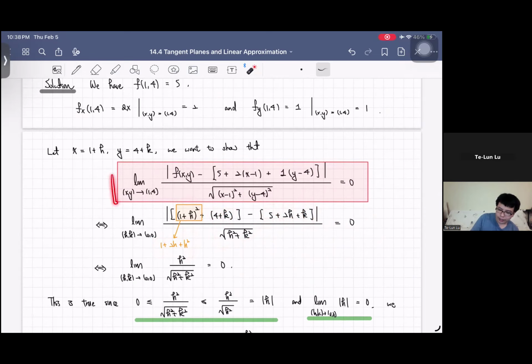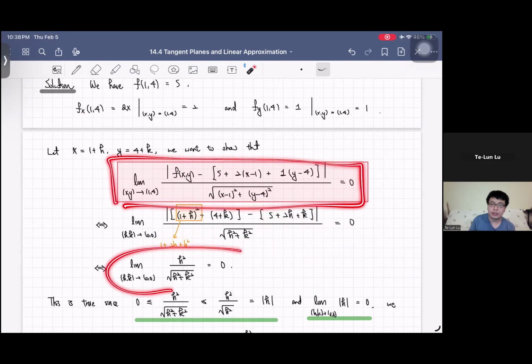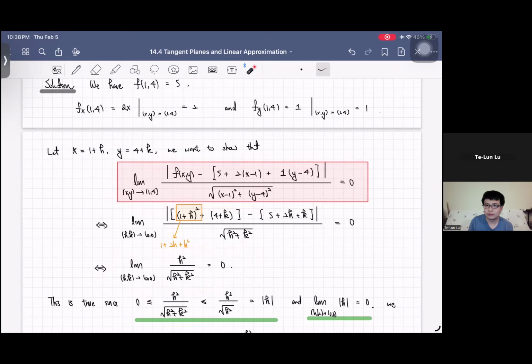So this pink box asks us to find whether the limit of this kind of thing actually goes to 0. And we've seen in section 14.2, on limits and continuity, that this should be 0 in the sense that the degree in the numerator is 2 and the degree in the denominator is 1. So the decay speed is faster in the numerator. It goes to 0, right?